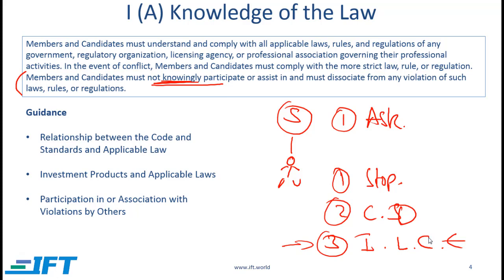If you feel that something unethical or a violation of the code and standards is happening around you and you don't do anything, or let's say you just report to the legal department or the compliance department and then just continue, thinking that I have informed the relevant personnel, then that actually is considered illegal or unethical.